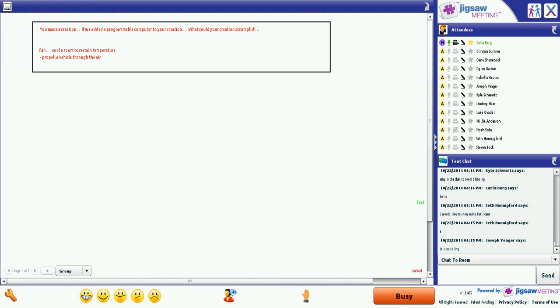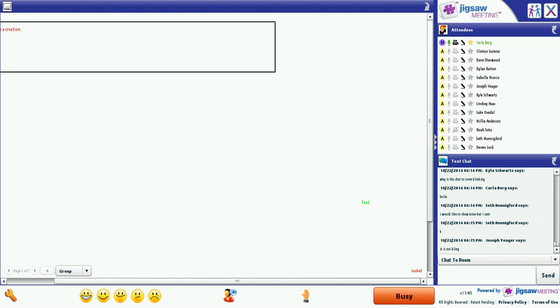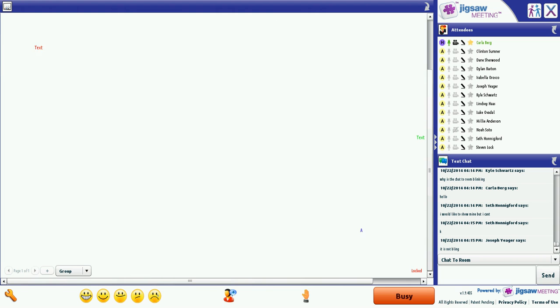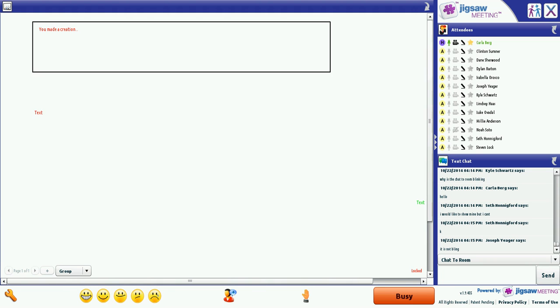It might be able to move something through water. I want you to come up with, let's say, 3 things your creation could accomplish. So go ahead, find a spot on the whiteboard, and tell me 3 things your creation could accomplish if you added a programmable computer to it.